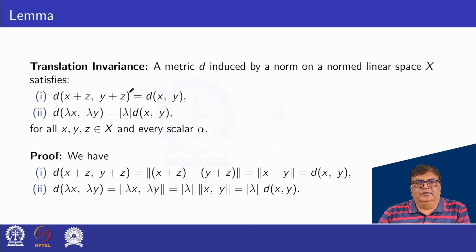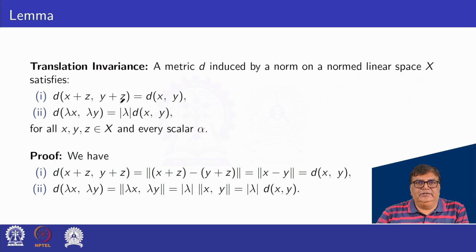Translation invariance. A metric d induced by a norm on a normed linear space X satisfies the following. First, d(x plus z, y plus z) is equal to d(x, y). It means no change after adding one more vector.